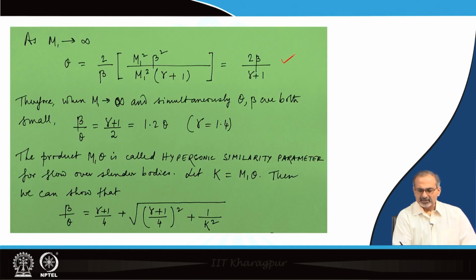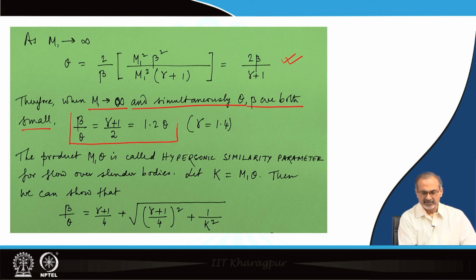So, this expression would further simplify to a form like this when M1 tends to infinity. Therefore, when M1 tends to infinity and simultaneously theta and beta are both small, which we have seen from the theta beta M plot, then there is a very interesting relation coming up between beta and theta, that beta by theta is (gamma plus 1) by 2, and that takes up a value of 1.2.